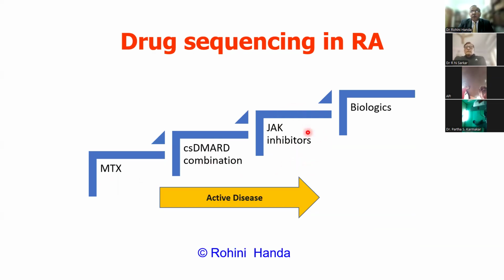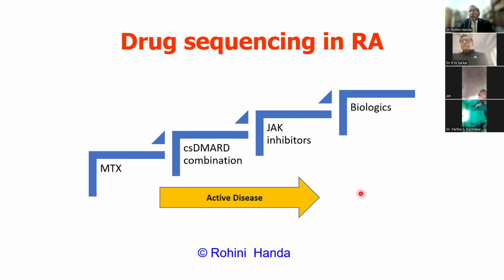Suboptimal response, move over to the JAK inhibitors, and you can combine JAK inhibitors with methotrexate. And in our country, the biologicals, because of the cost, are reserved for patients who do not respond to these treatments. But this is not a sequence etched on a tablet of stone. If you have reasons to avoid JAK inhibitors, you can use biologicals first.